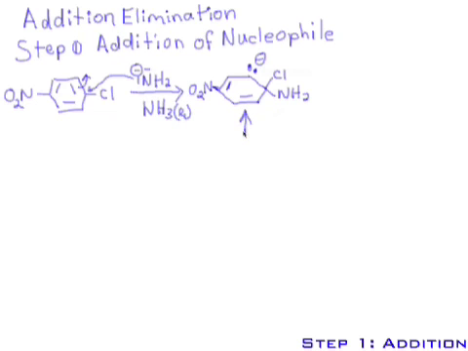I can, for example, bring that lone pair in to this position and move my electrons here, just so you can see what the nitro looks like. Let's actually draw the Lewis structure of the nitro.